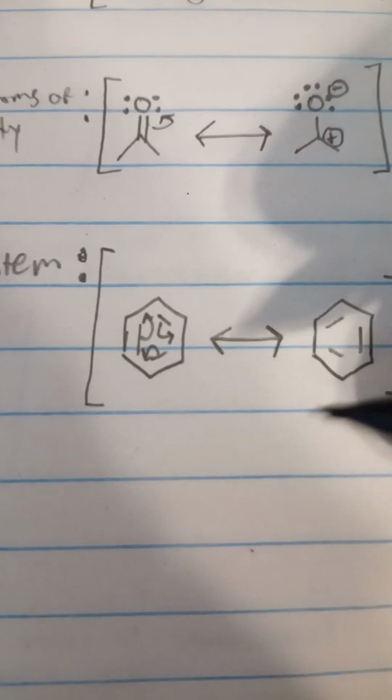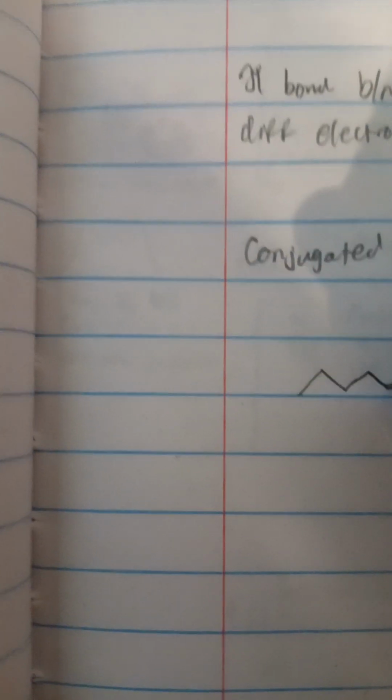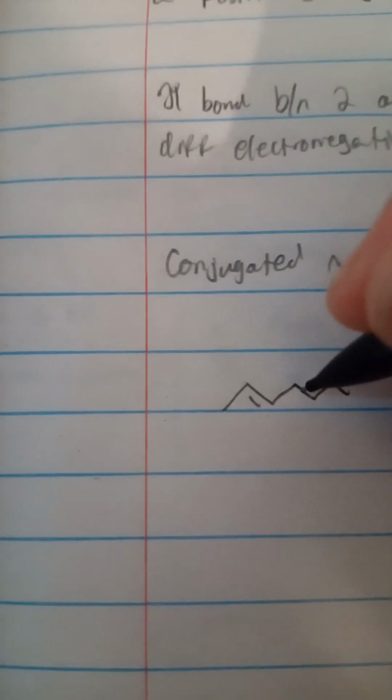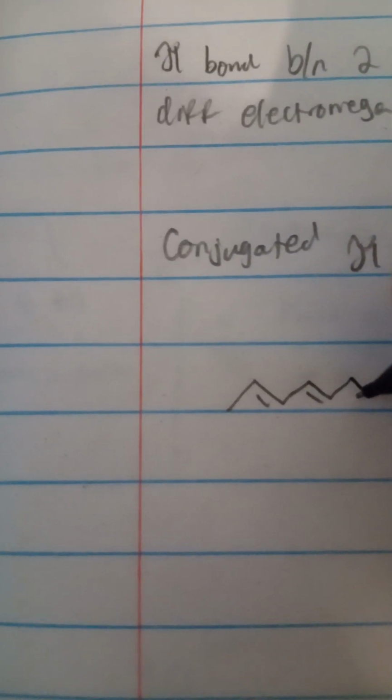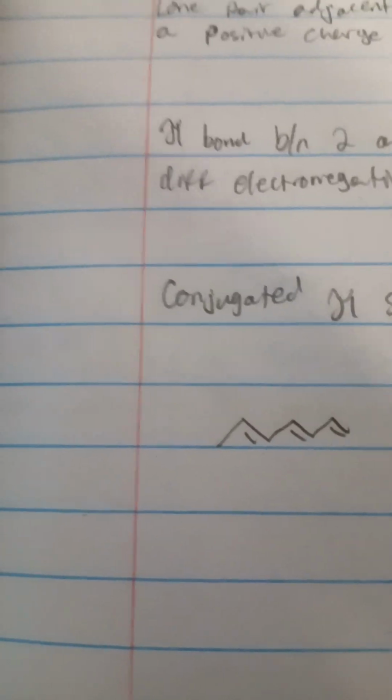And then in the conjugated pi system, a conjugated pi system is whenever we have pi bonds that are separated by at least 1 sigma bond.